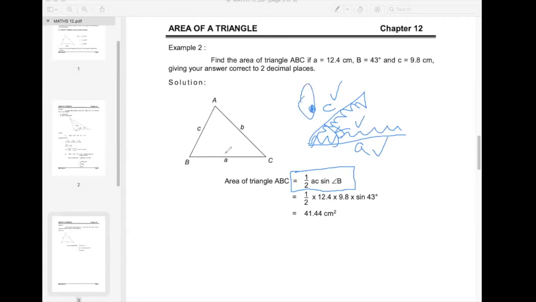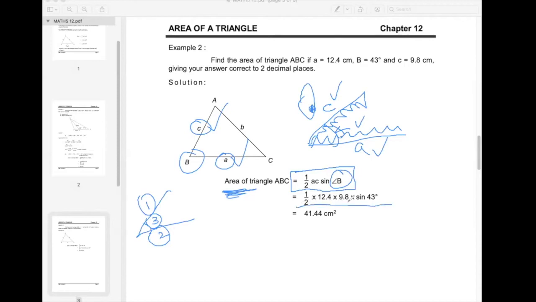Here, same, the angle is given and the 2 sides are given. So we have half A and C sine angle B. We sandwich the angle between the 2 sides: side number 1, side number 2, and the angle is 3. Okay, so this is the area of triangle using the formula.